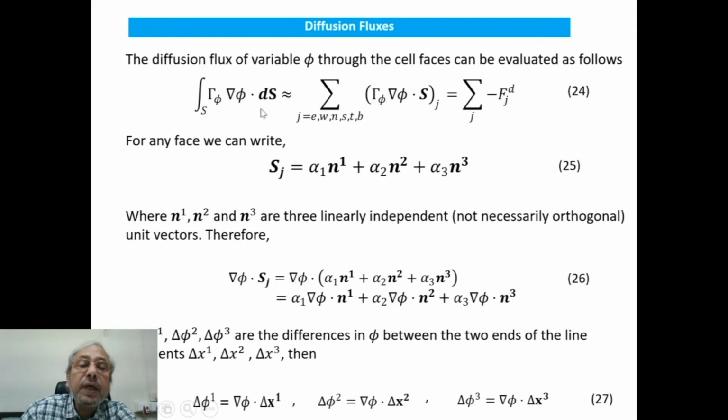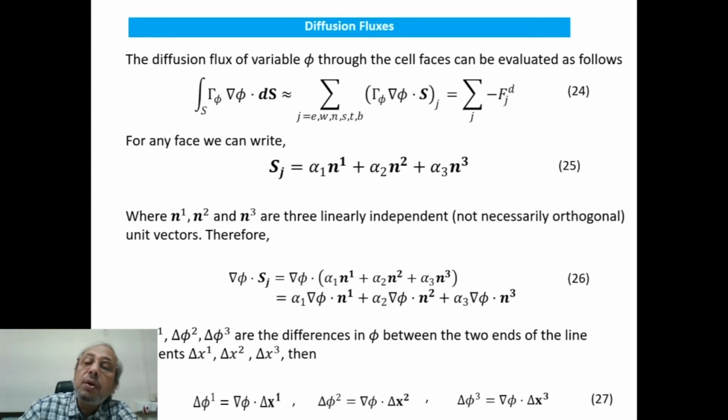Now this operation, grad phi dot dS over the confining surfaces, will be the summation of, again, the diffusion coefficient gamma phi multiplied by grad phi dot S over all the surfaces, that means over j, where j is the eastern face, western face, northern face, southern face, top face and bottom face of the cell of interest, the computational control volume of our choice.